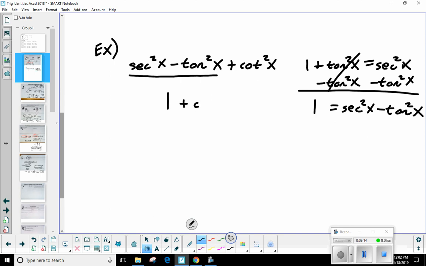And then we have plus cotangent squared of x. There you go. Because you recognize this is part of a third Pythagorean identity, we know that 1 plus cotangent squared equals cosecant squared, and that's exactly what we have there. We don't even have to manipulate the guy this time. We know it has to be cosecant squared.